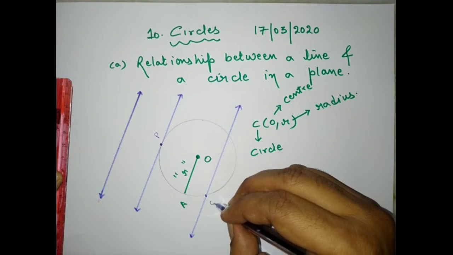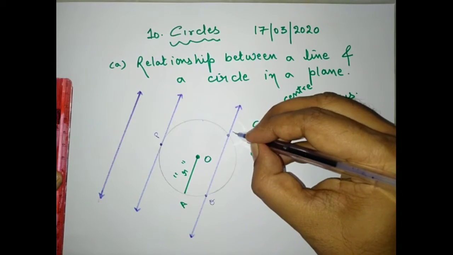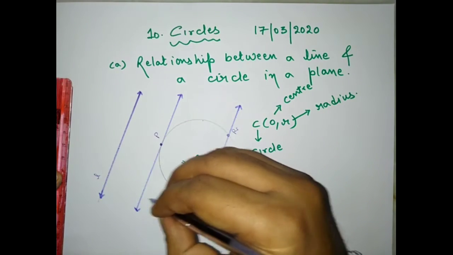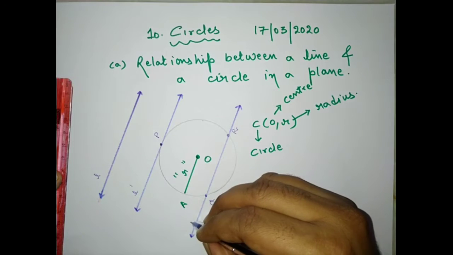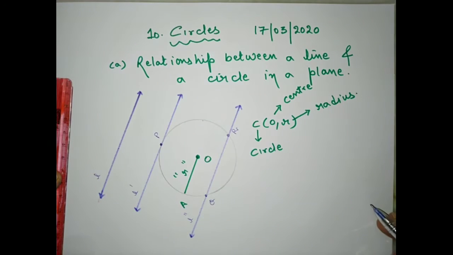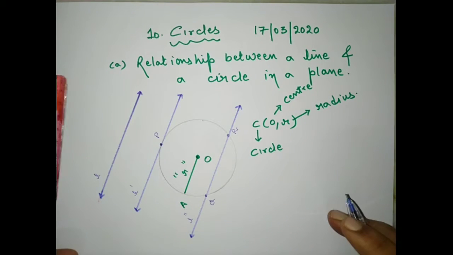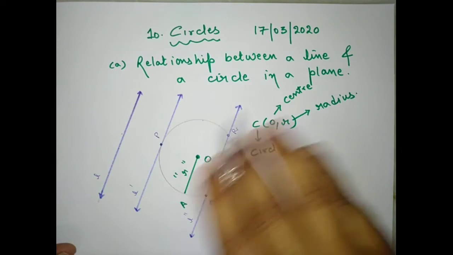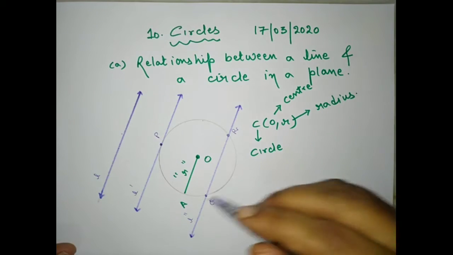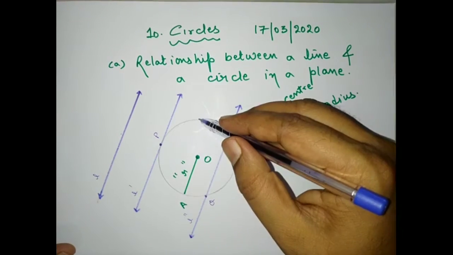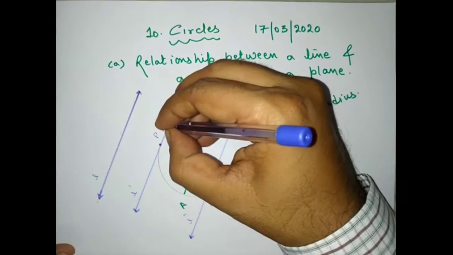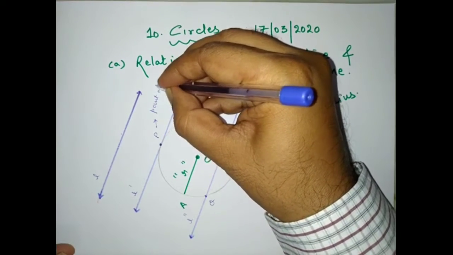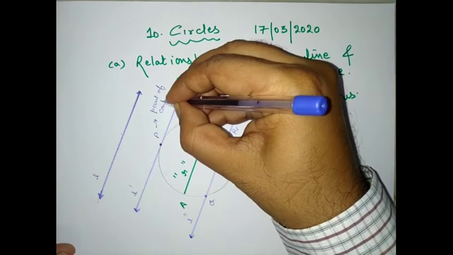Like here, we can see that the three lines, namely L, L dash and L double dash, are there. L dash touches the circle at point P, where P is known as the point of contact, whereas L double dash pierces through the circle and touches the circle at 2 points Q and R.